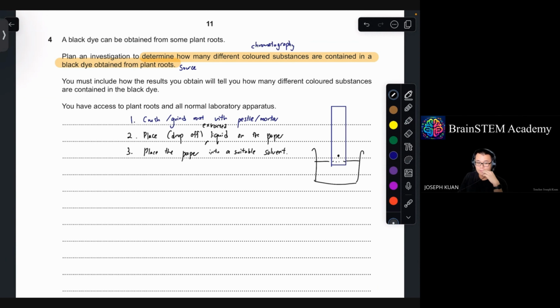Then you can just say conduct the chromatography once the paper is placed into a suitable solvent. So chromatography is started.